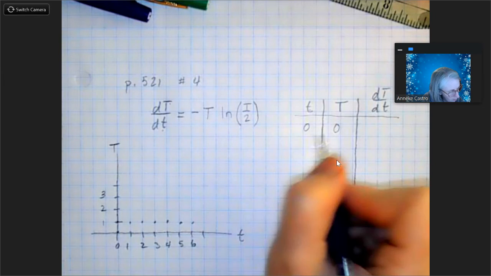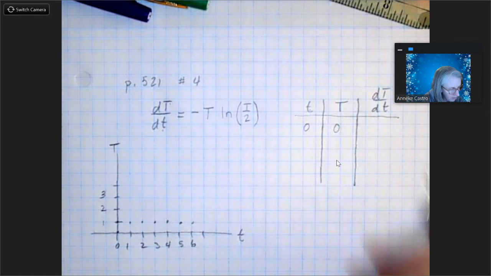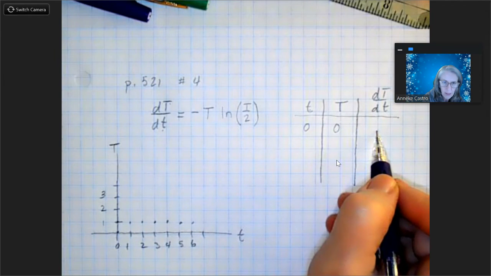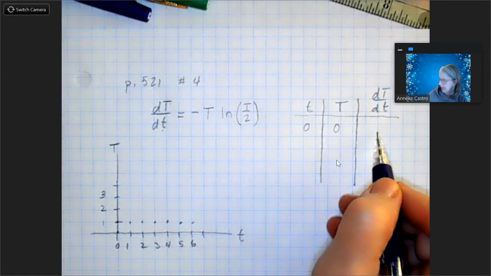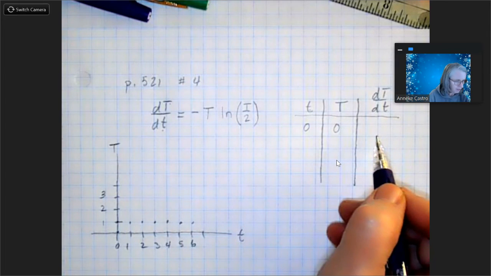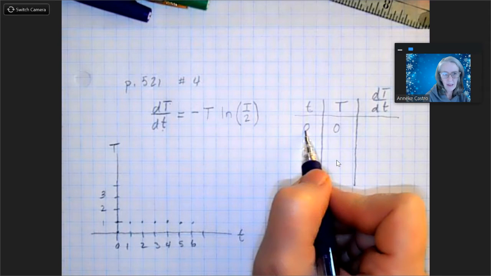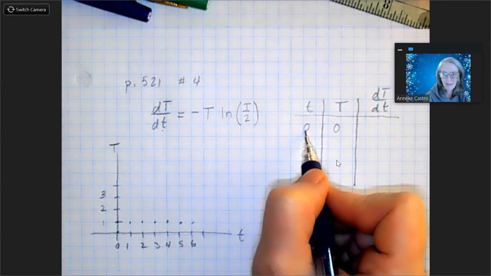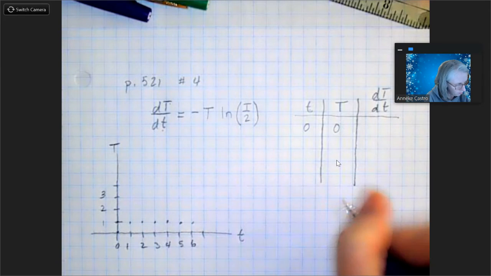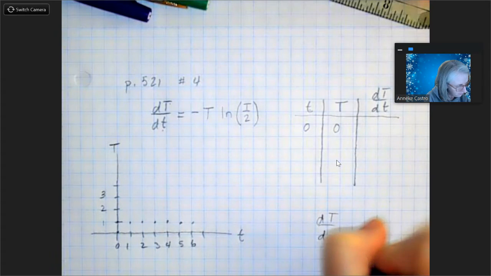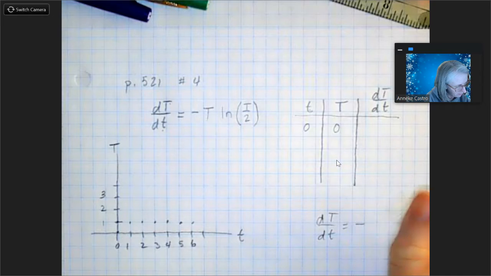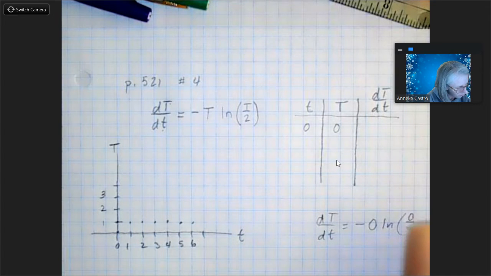Now I'm going to substitute these into the formula to get my rate of change, to get my slope. If I plug this in, notice there is no lowercase t, so don't worry about it. Don't plug it in. So dT/dt is equal to negative 0 times natural log of 0 over 2.